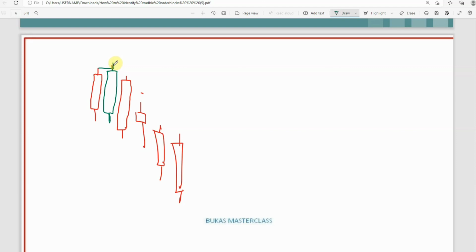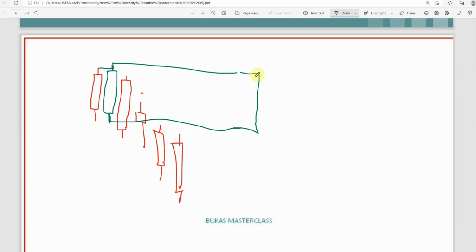That is, the wick has to close above the last candle. If it didn't close above the last candle, then it is not a tradable OB. So this place right here is our order block, and if the market retests above here, it is going to touch here before going more down, which is what we are trying to get.